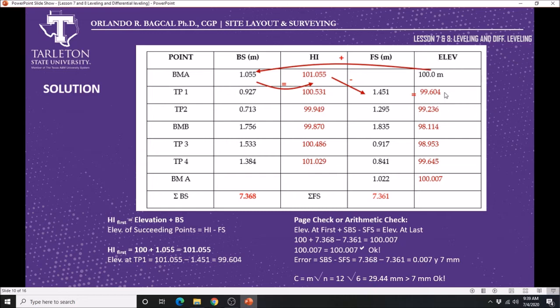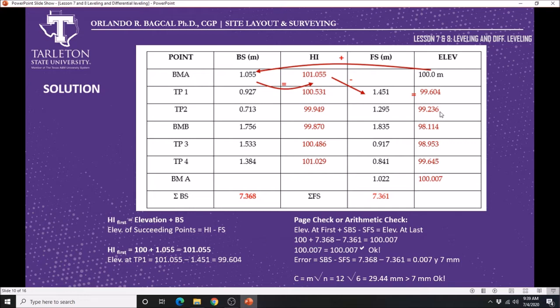So elevation plus your backsight is equal to the height of the instrument. So in this case, 99.604 plus 0.927 will give you 100.531. The height of the instrument minus the foresight, so 100.531 minus 1.295 is equal to 99.236.